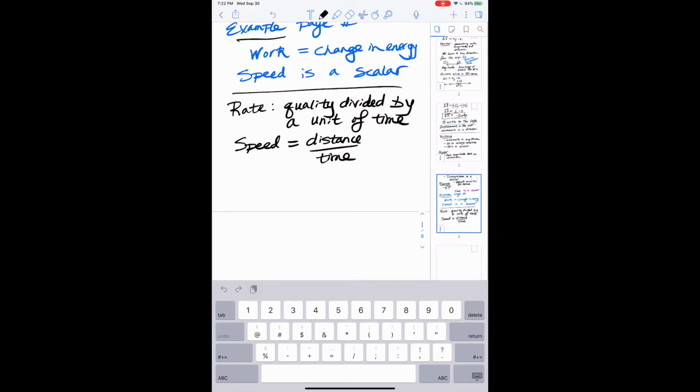We don't care which direction we're going in, and so that makes sense that distance is direction independent, and so speed is too, and time is as well. Time only goes forward, the arrow of time. So time is a scalar. All right, so what would happen if we took displacement and put that over time? Well, then we would have velocity.